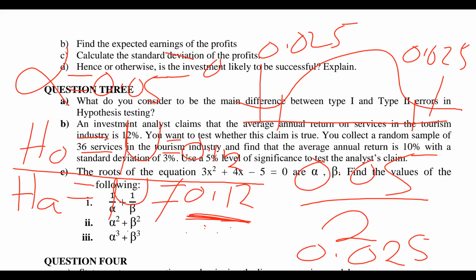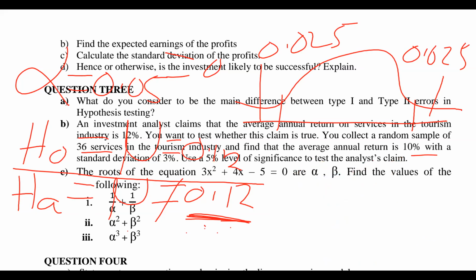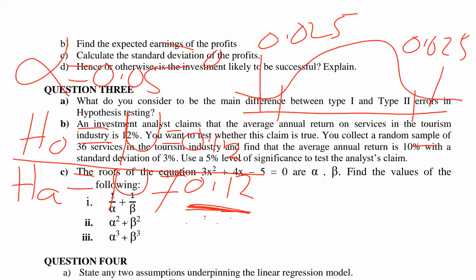Did you get that? You can explain further. If you find that they say that the mu or the average is more than maybe 12%, okay?